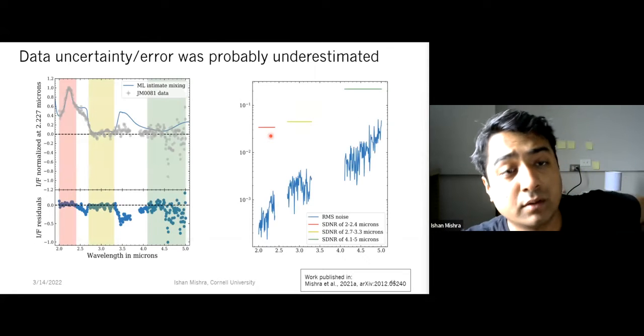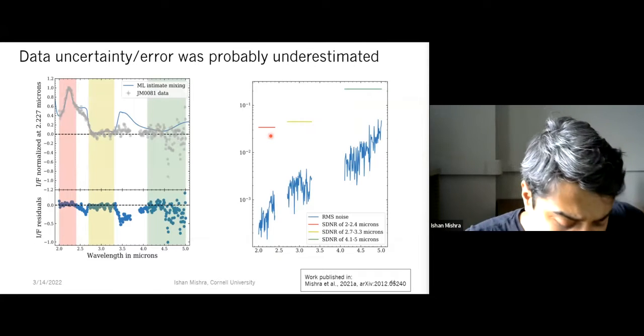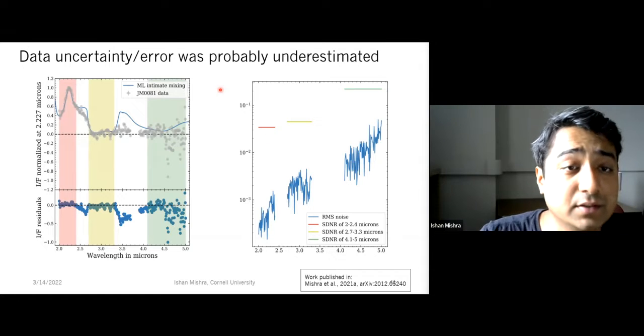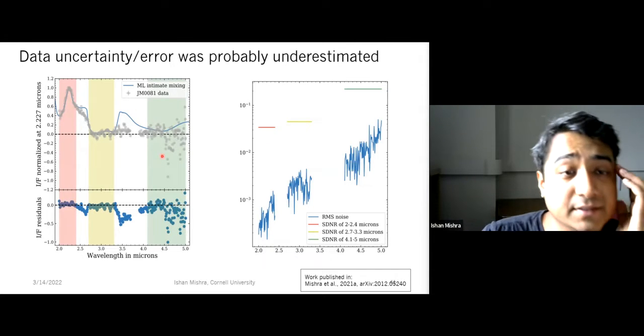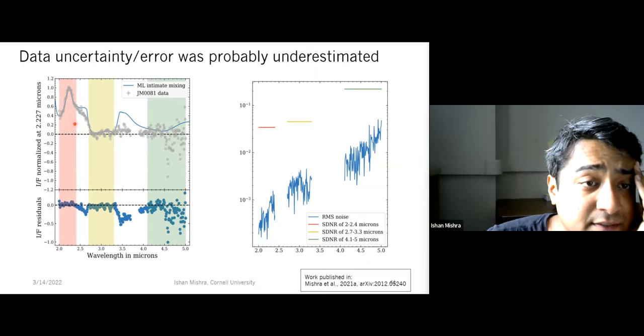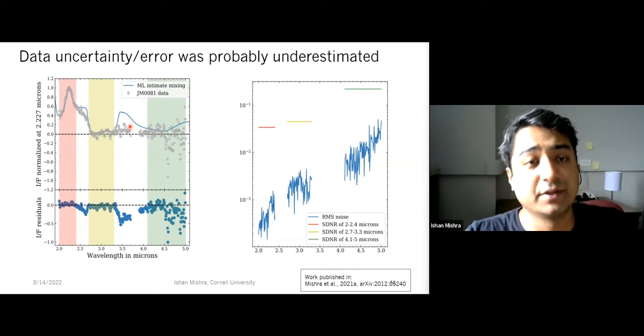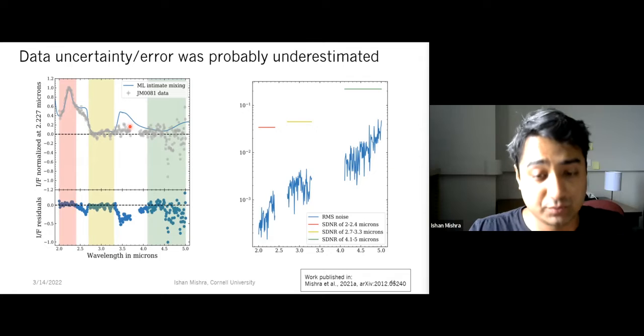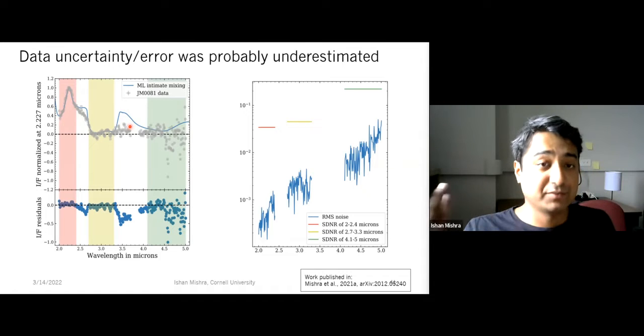But when we look at the maximum likelihood solution from the analysis, it's not fitting certain regions well, and we expect that because we are just using 2 species. Europa's surface has many species.